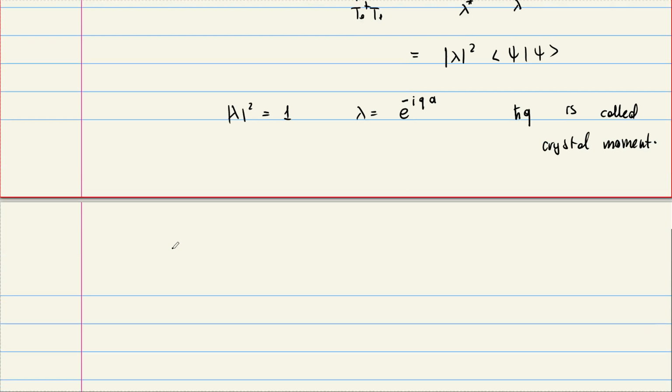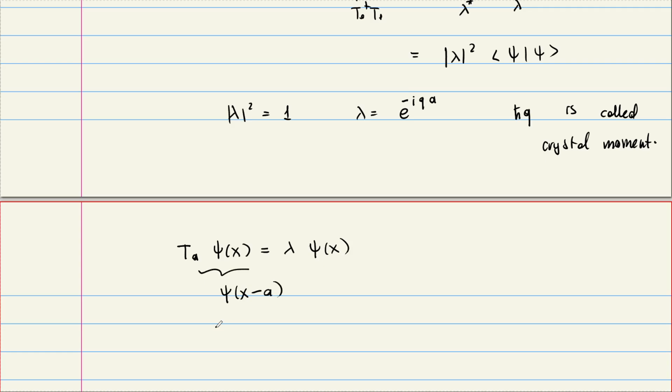Okay, now let's think about this eigenvalue equation for the translation operator. So this is T_a acting on ψ of x is λ times ψ of x. But we know this is also equal to ψ of x minus a. That's what the translation operator does.